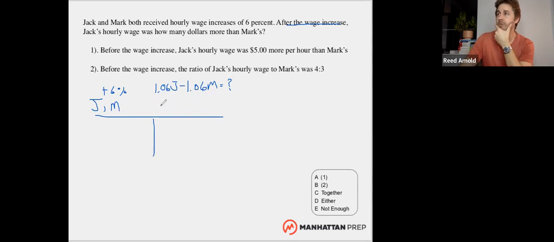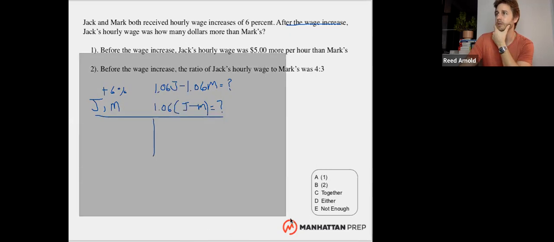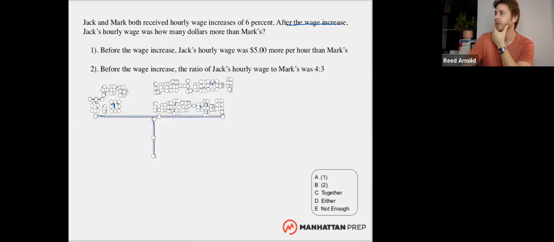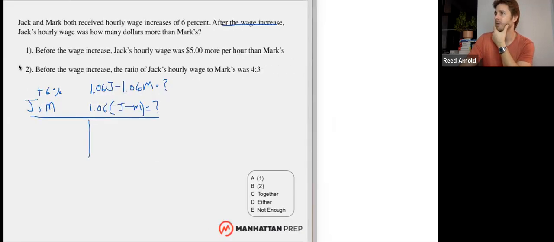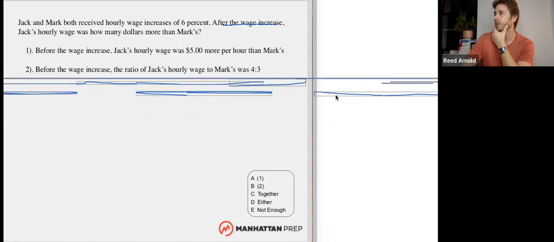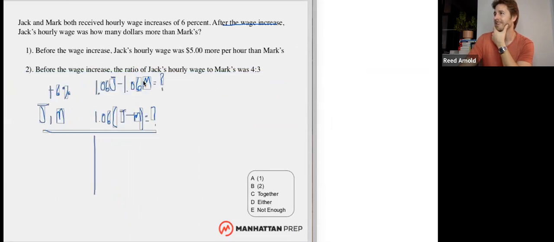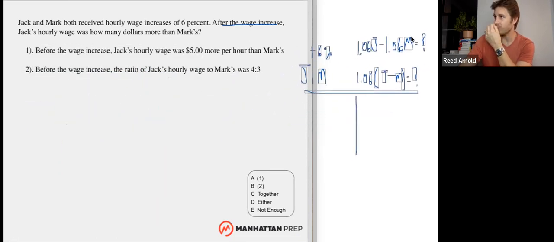And this is actually a good opportunity to do a common data sufficiency tactic, to rephrase the question a little bit. If I factor out the 1.06, I want to know what 1.06 times (J minus M) is. What I'm going to actually do here is put my work over to the right so that we can see the chain and compare it to the work that I would do.